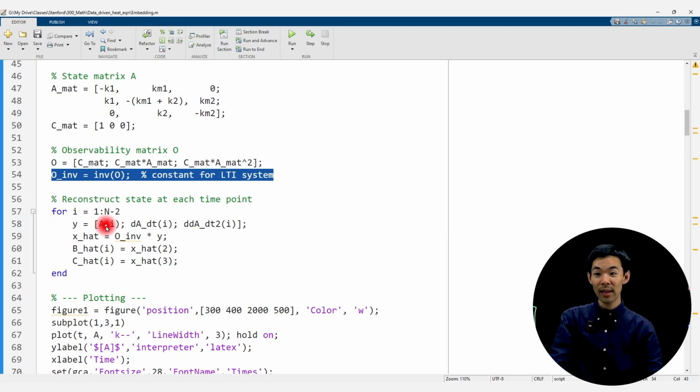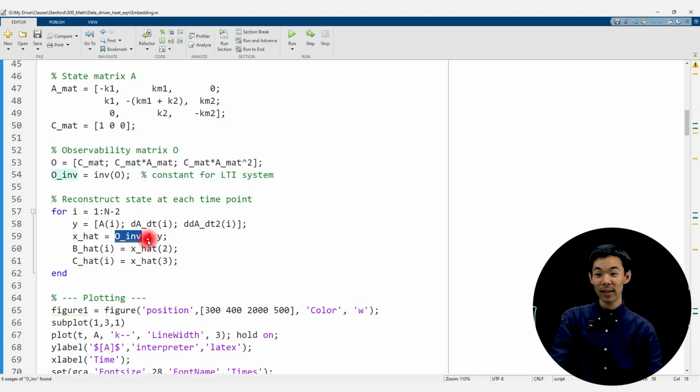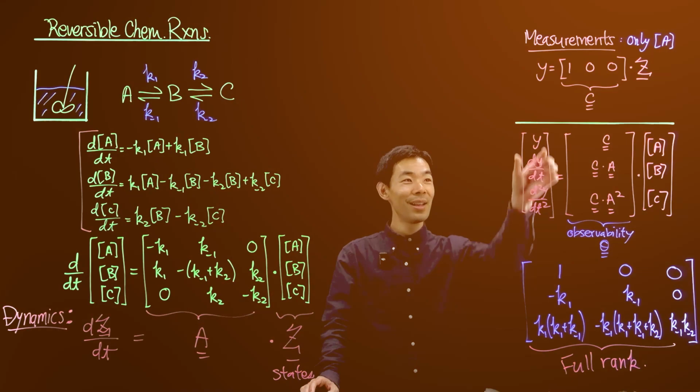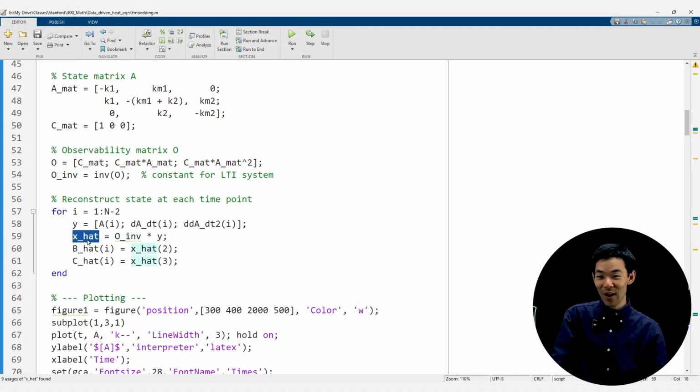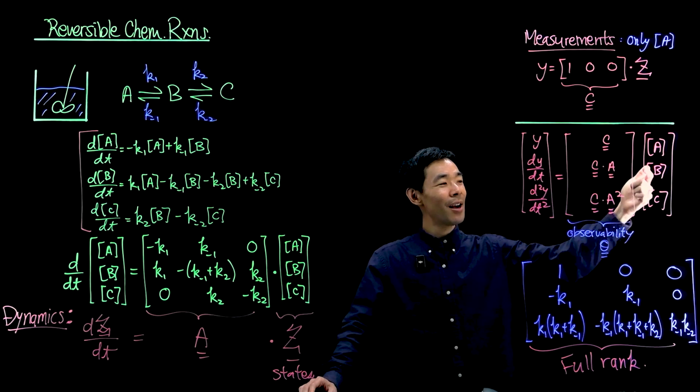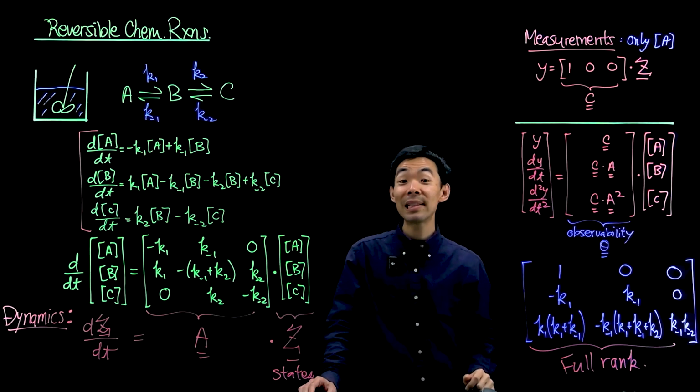This is a vector of my current state, the derivative, the second derivative. And over here, I'm just literally doing the inverse of my observability matrix dotted into my measurements. And that's it. So x hat contains, presumably, concentration of A, concentration of B, concentration of C.